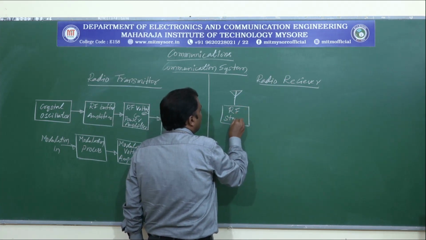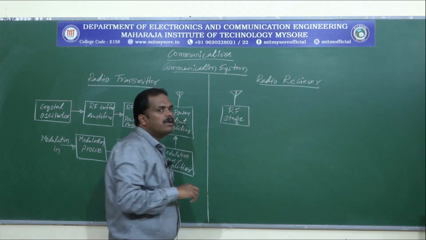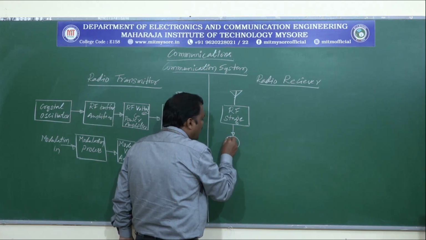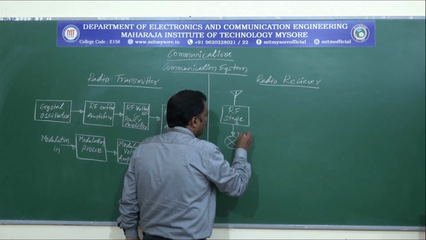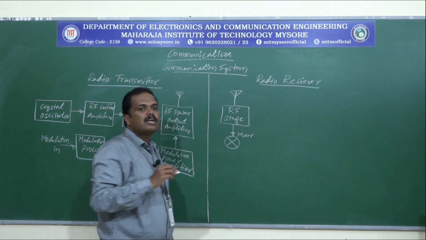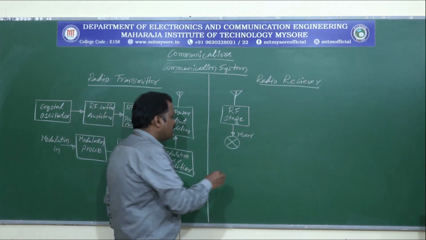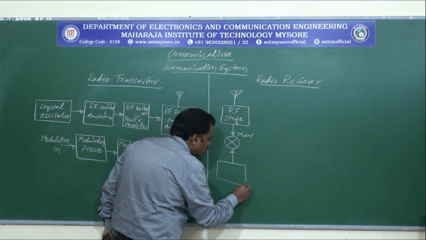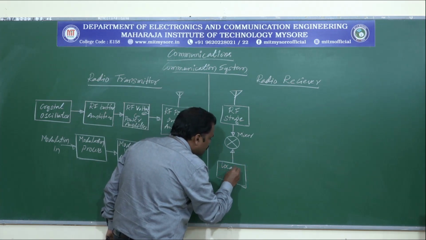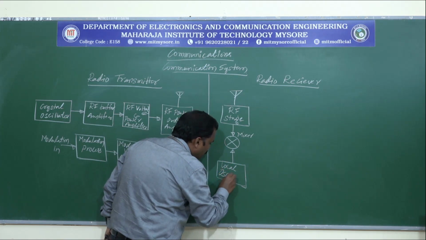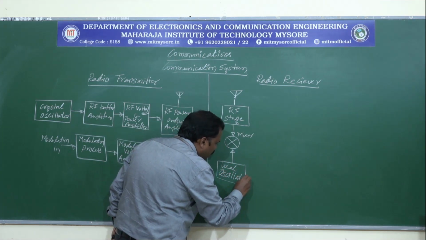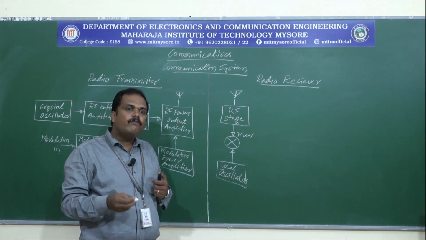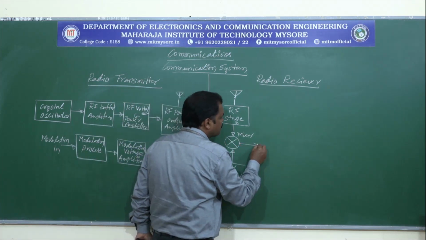The radio frequency will be received at this stage, and then this will be given to something called a mixer. To the mixer one more signal will be given from a local oscillator.